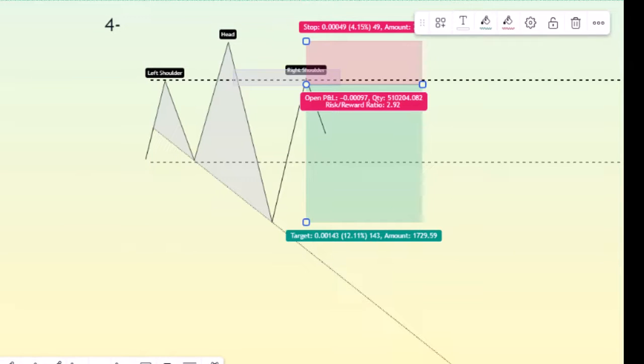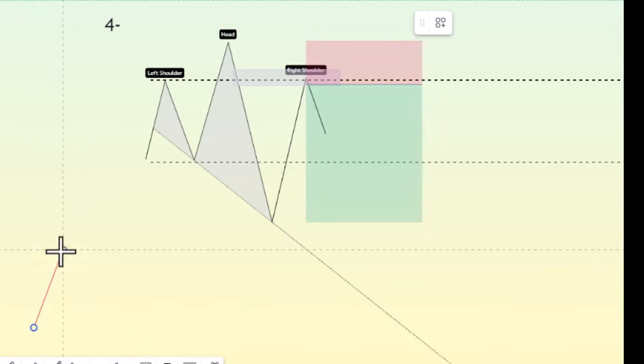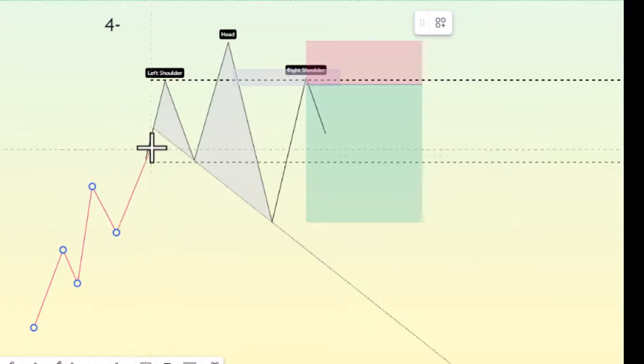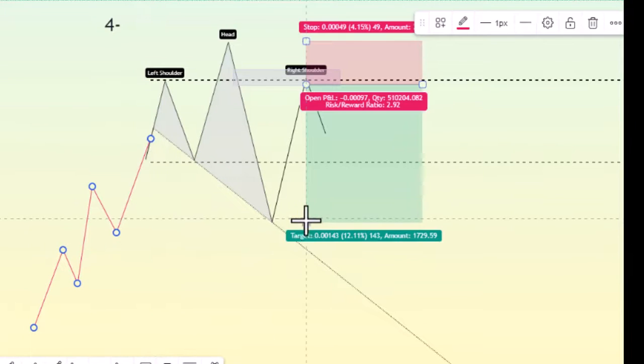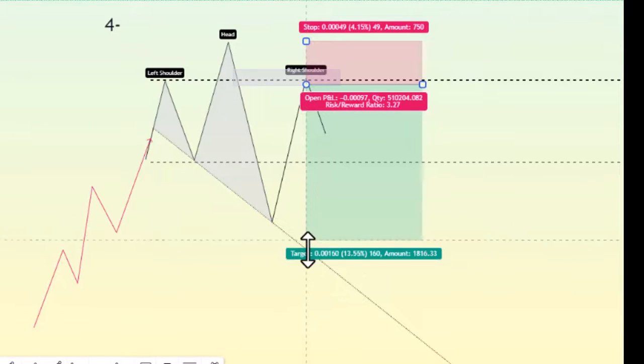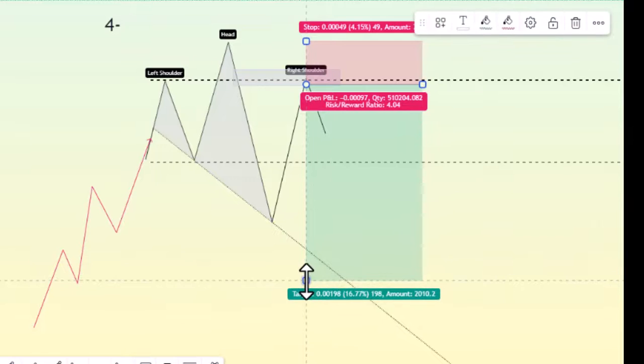I want to show you, let me, okay, maybe price is like that. We can put our take profit here, and we can also not put a TP and move with price.